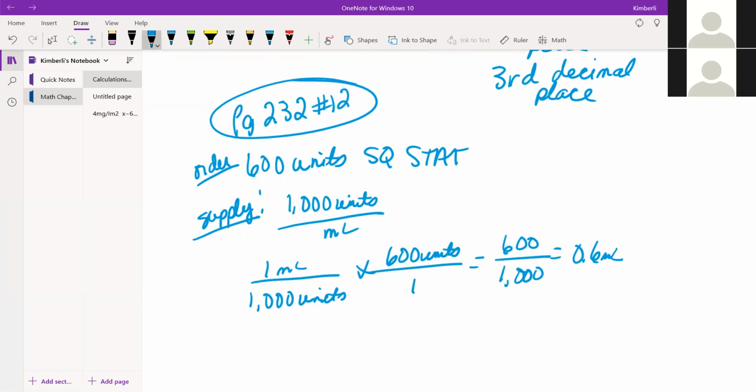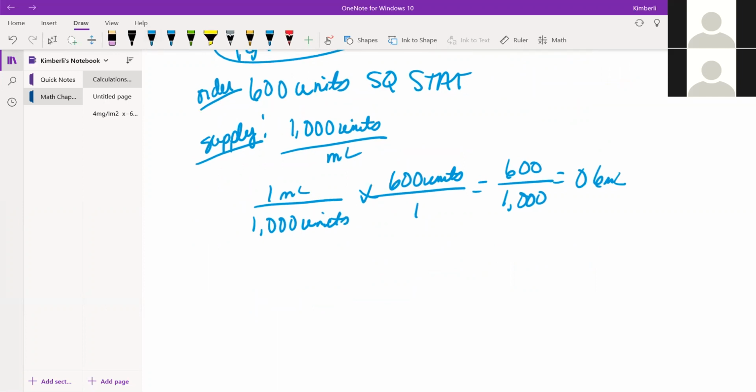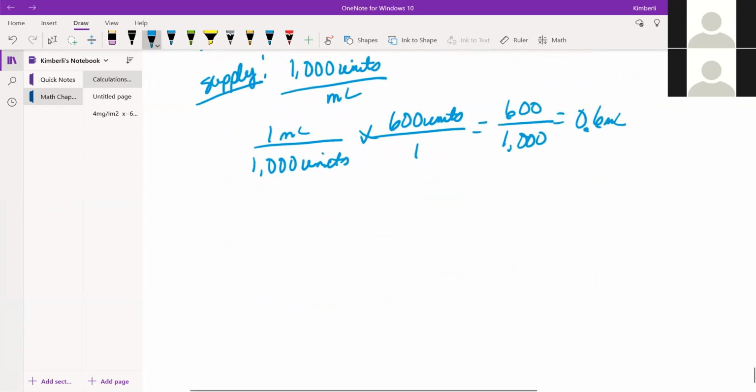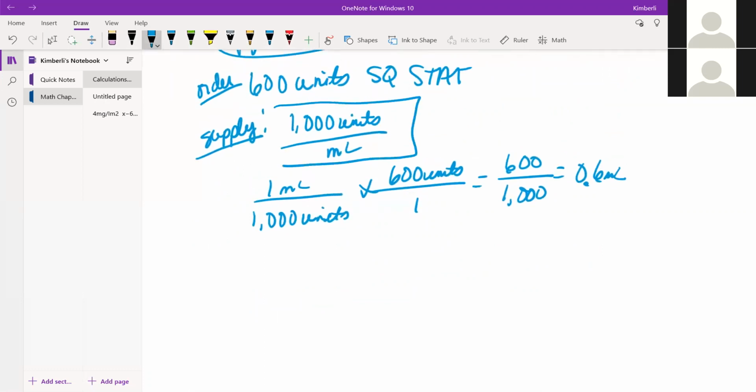Okay, now can you do this using ratio and proportion? Did you get 0.6? If you got 0.6, then yes, obviously that's working for you. So don't worry about it, I'm not doing it exactly the way Mrs. Lopez does it. It doesn't matter. As long as you get the correct answer, then your math is working for you, however you want to do it. The other way we can do it is to take all of our supplies and make sure that they're over 1 milliliter.